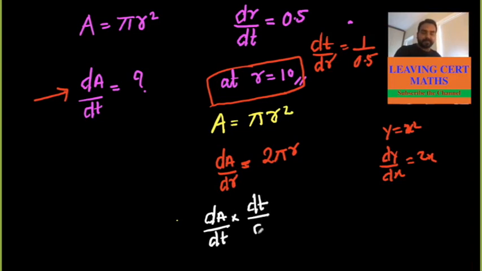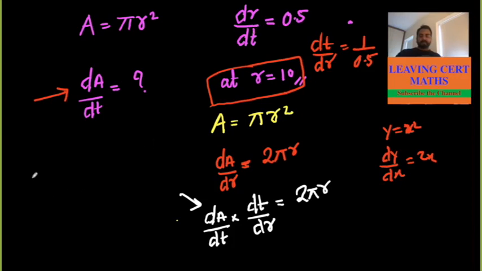Any trouble? Is it not the same thing? So we got our equation. And what is this one, dt over dr? Is it not the reciprocal of this?